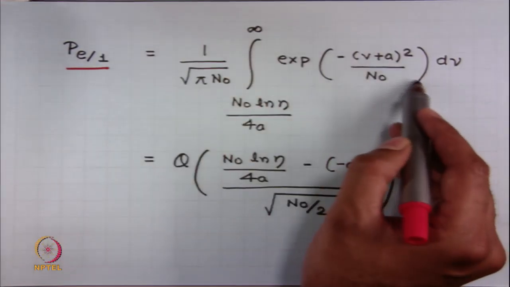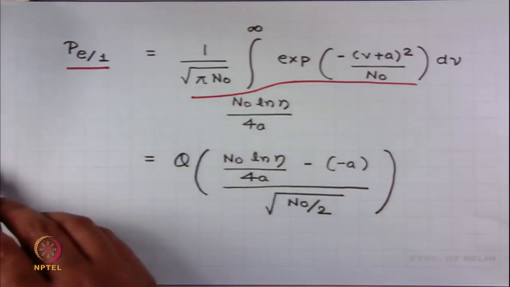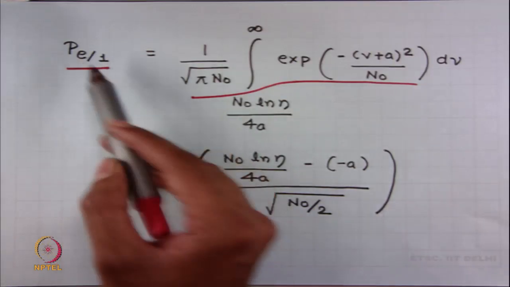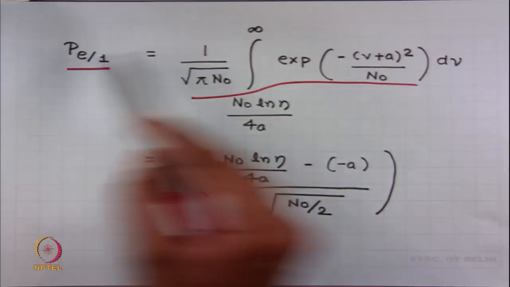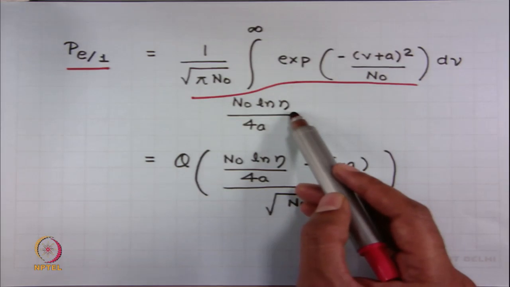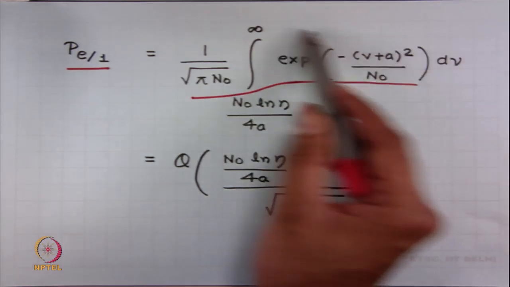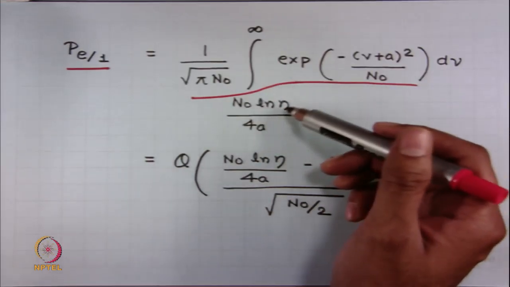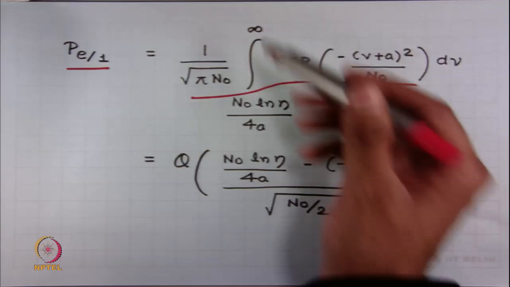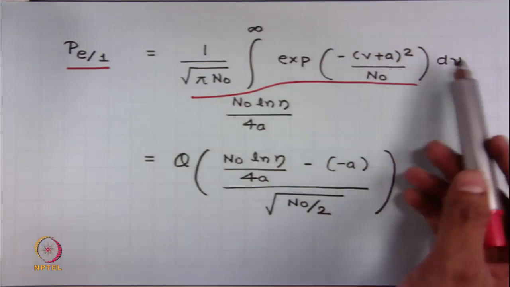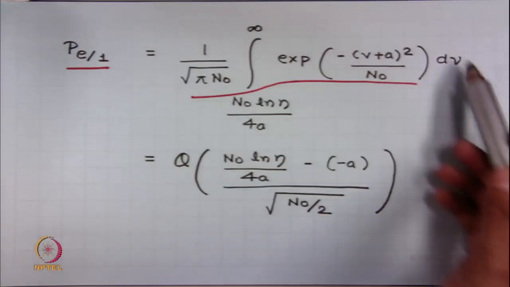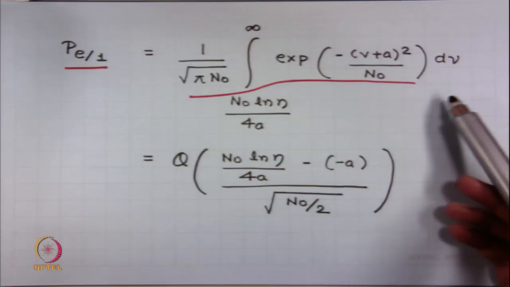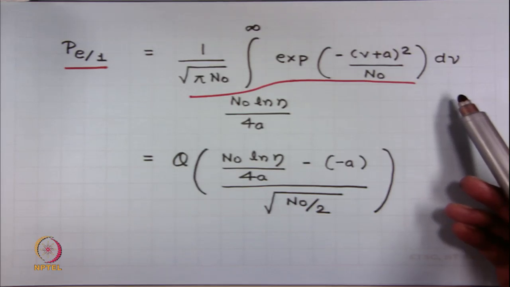When 1 is transmitted, this is the probability density function, and we have to find the probability that the received numerical value of the random variable V exceeds this threshold. So, we have to calculate this integration from N naught ln eta by 4A to infinity. We have learned how to solve these integrations; this can be calculated easily using the Q function.